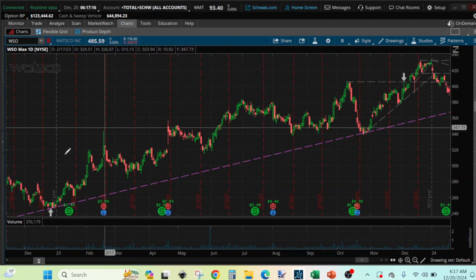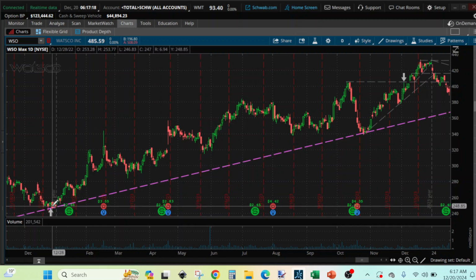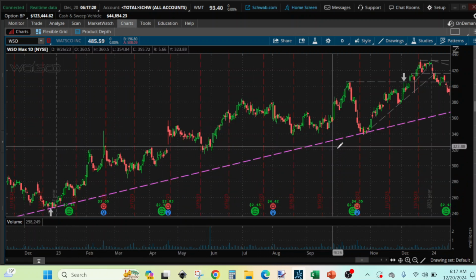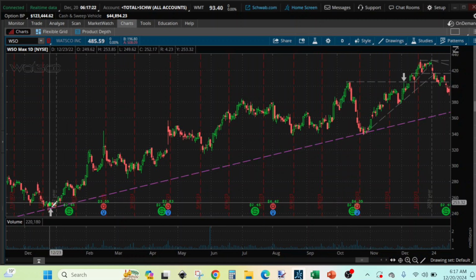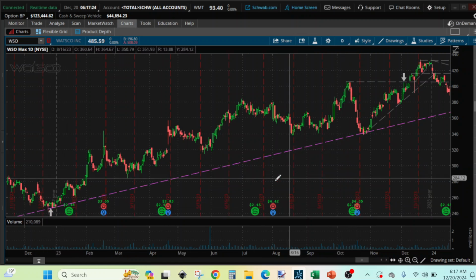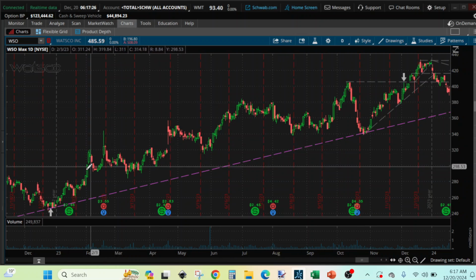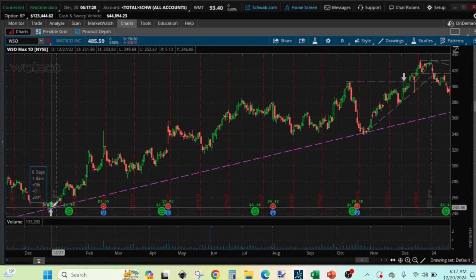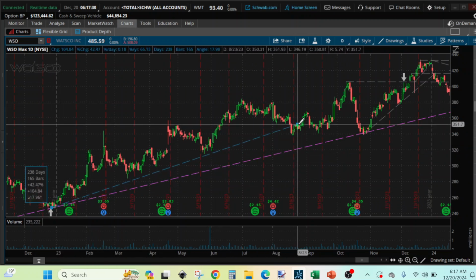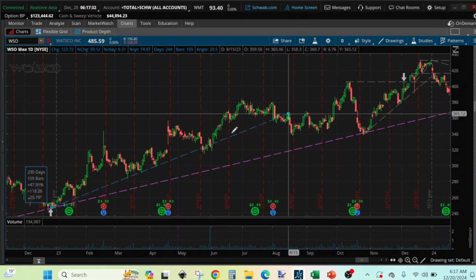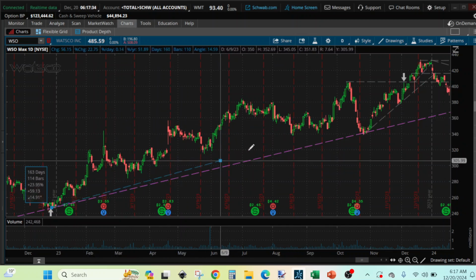So we can just see, you see the line, it touched it there and it touched it here. So assuming that we want to trace a line here, we can see the longest one we can trace. Usually I try to touch 2 lows.